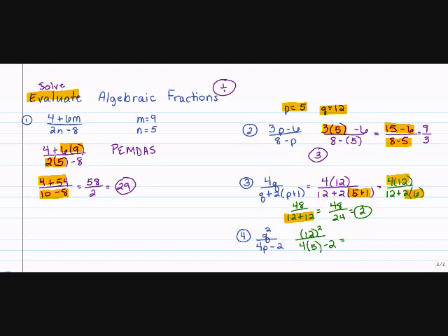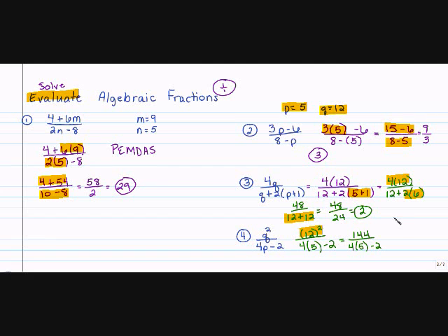I'm going to look for parentheses. No parentheses. I'm going to look for exponents, so I'm going to solve my exponents. 12 squared means 12 times 12, or 144, divided by 4 times 5 minus 2.